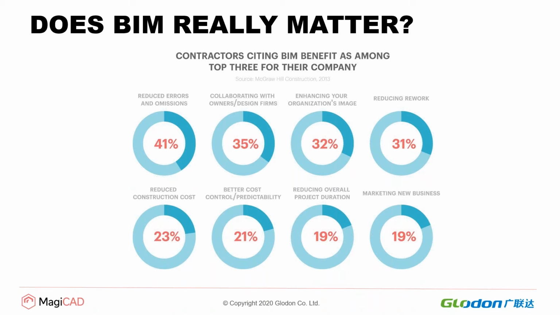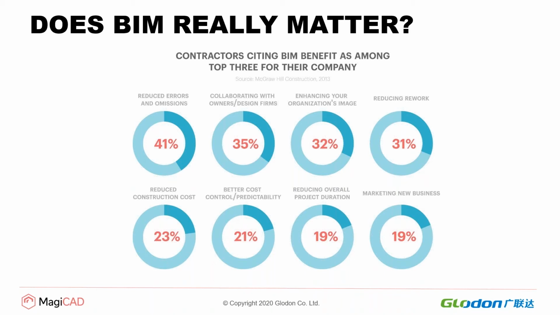And finally, we also reduce the duration of the project by 19%. That's a lot, 19%. So when the project duration is reduced, the cost automatically will go down, and we can also venture into new businesses during this time.